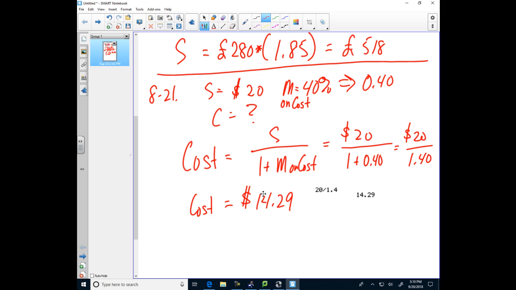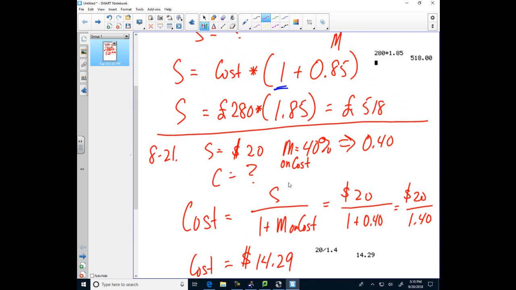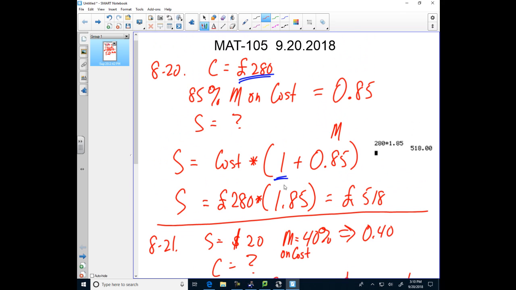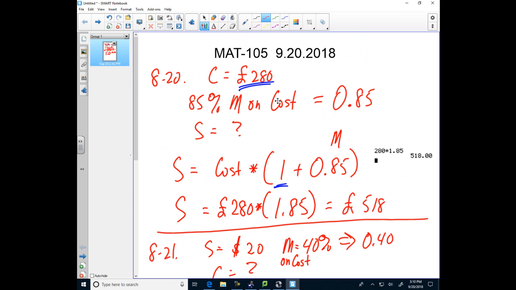Now, think about the process here. I read a problem. I write down what I'm given. I write down what I'm looking for. Then I go try to find a formula where what I'm looking for is over here on the left, and the things I'm given are over here on the right.